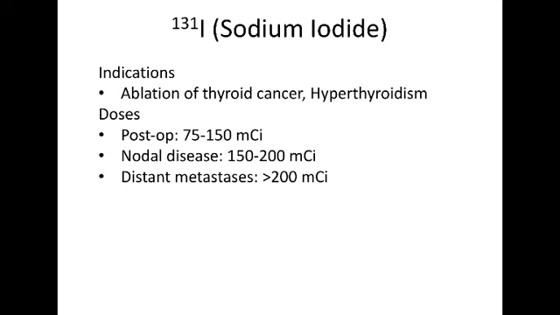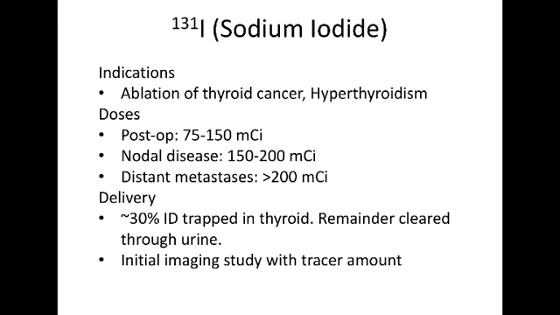And here are some of the injected activities shown here. So for a postoperative case, it might be 75 to 150 millicuries, nodal disease 150 to 200, and then metastases would be 200 millicuries or more than 200 millicuries.